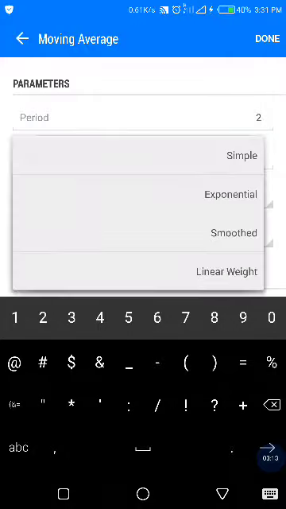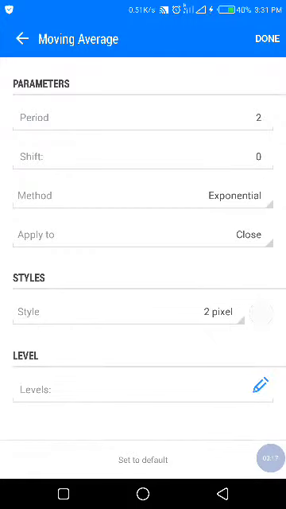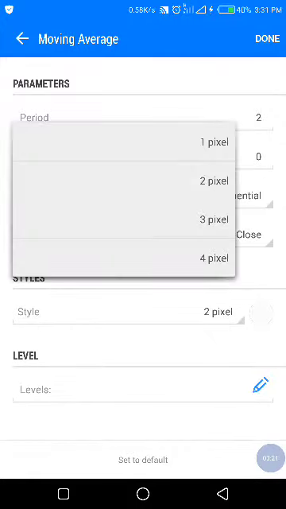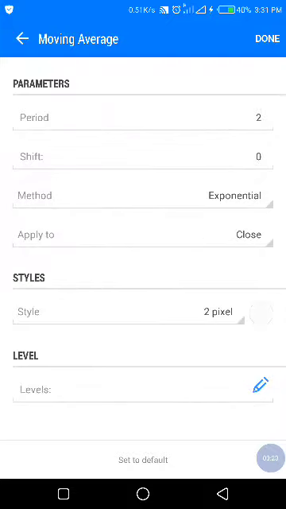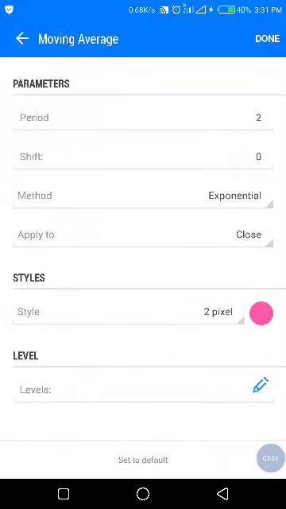and the method will be exponential. Then apply to close. Then we change the color to pink. For me it's pink, so you choose whatever color you want. So done.